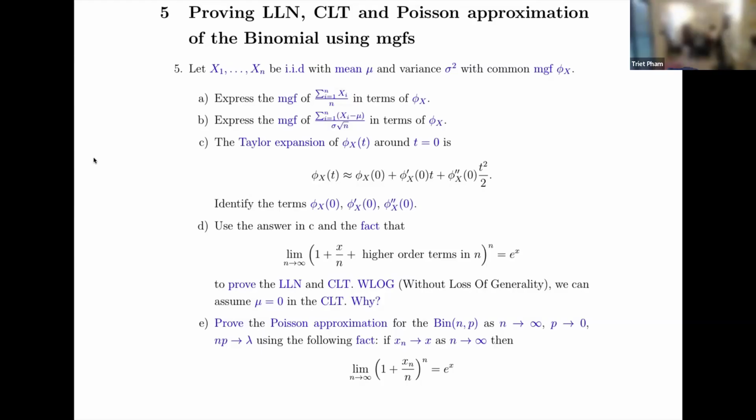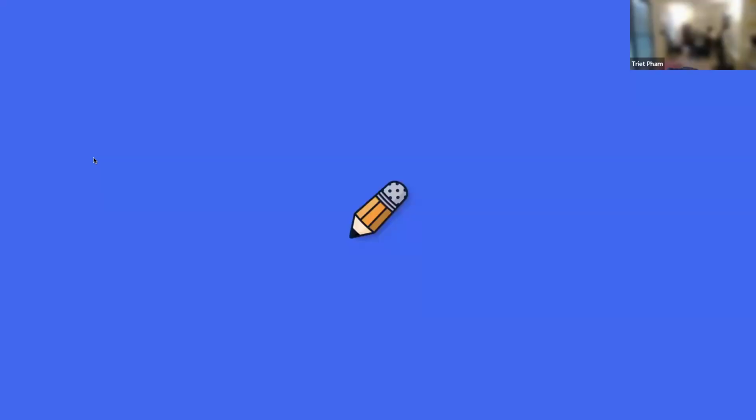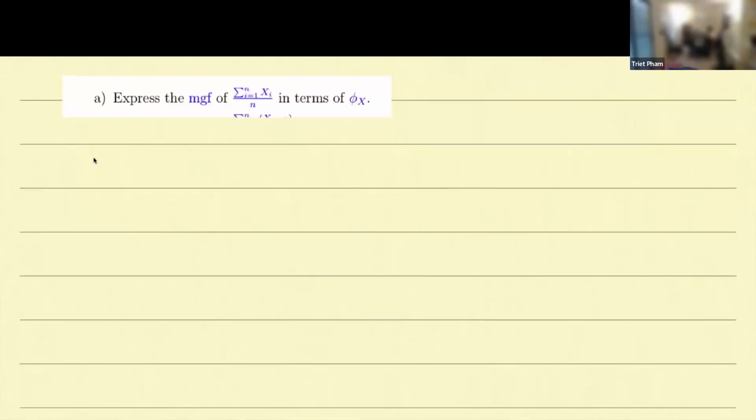Now, for part A, we want to express the moment generating function of this sum in terms of the moment generating function of the individual term.